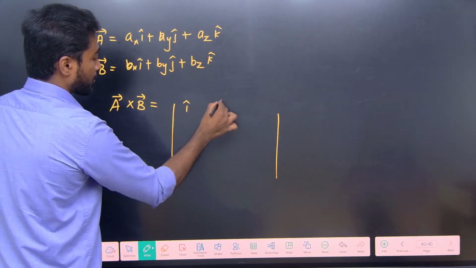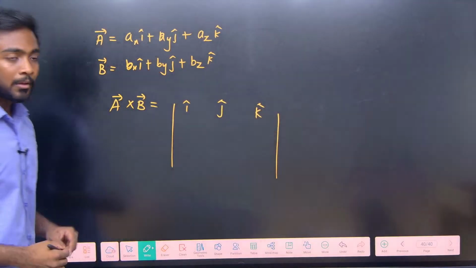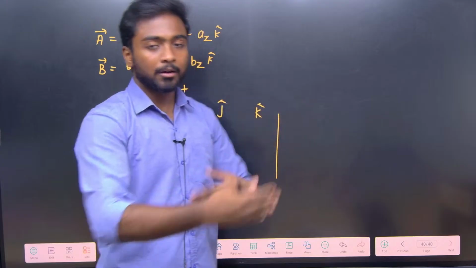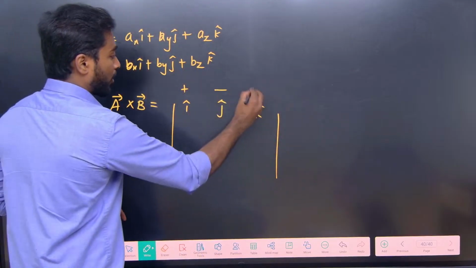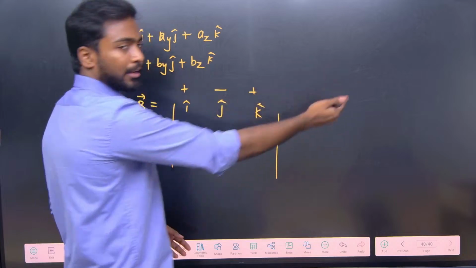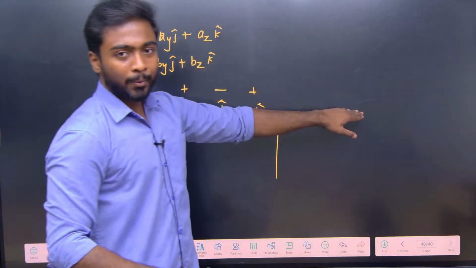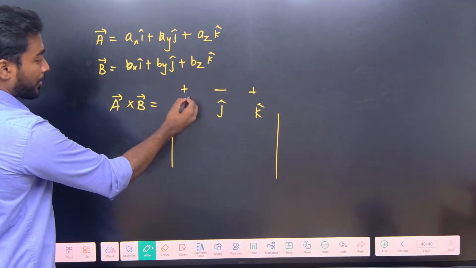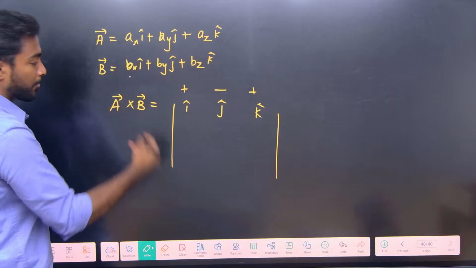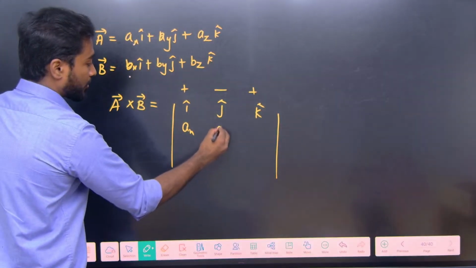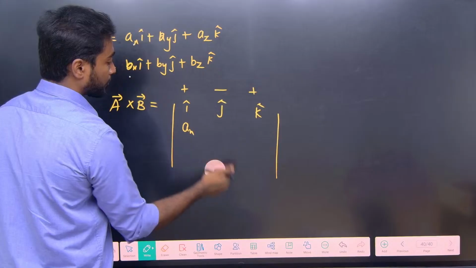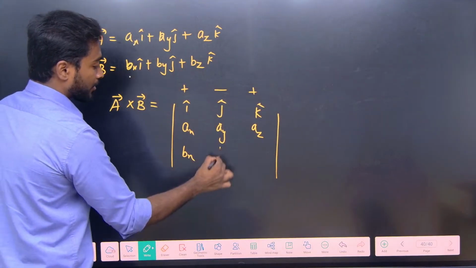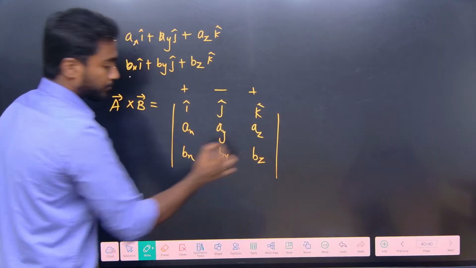Above i cap positive, then negative, then positive, alternating signs. Under i cap, Ax is there, Bx is there. Under j cap, Ay and By. Under k cap, Az and Bz.